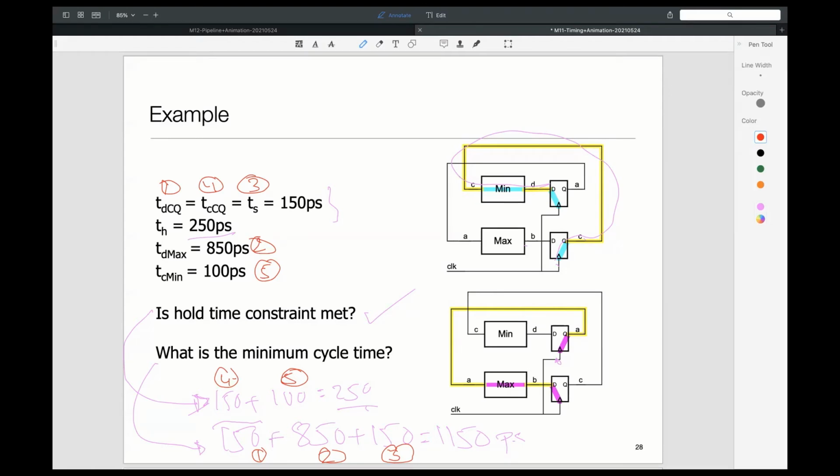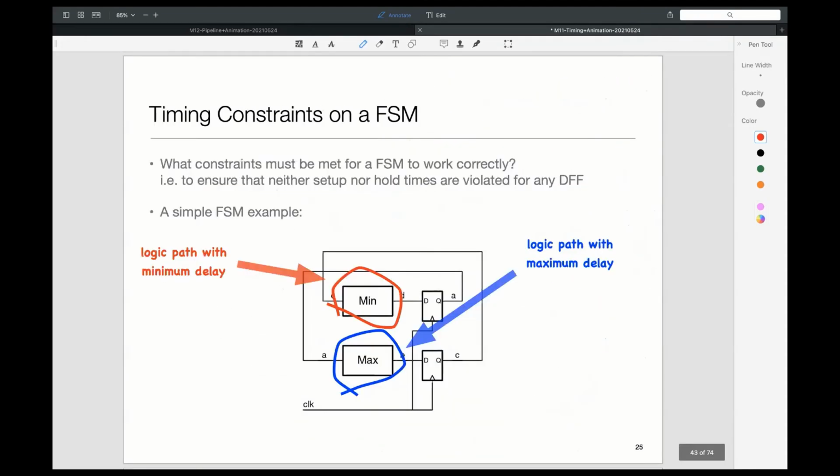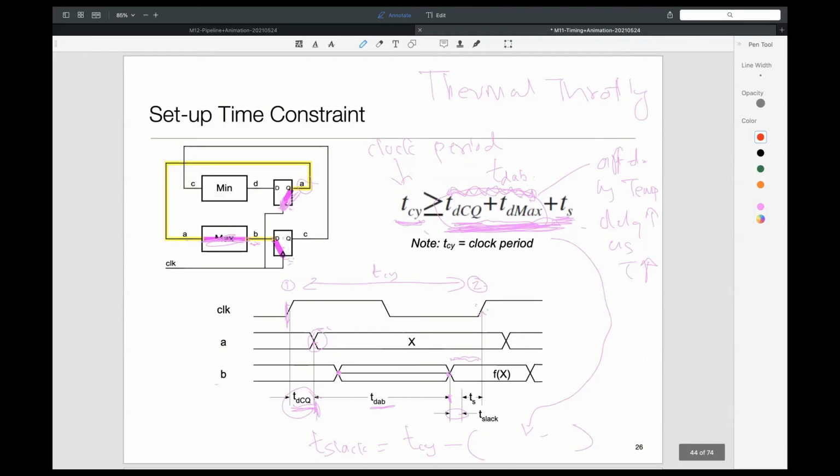The second one is really worried about the case where at one clock edge, some action started at a flip-flop, and I have to make sure that all the resulting action from it is done before the next clock edge. We are worried that there exists some path from a flip-flop output to a flip-flop input where this condition is being violated. So try to make sure that you're convinced of the reasons behind these two equations, and not simply look at the algebraic form. Very important.